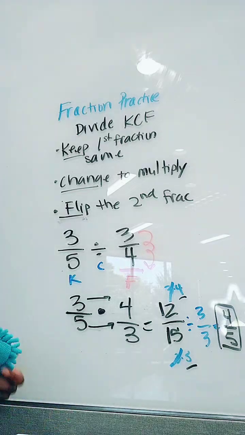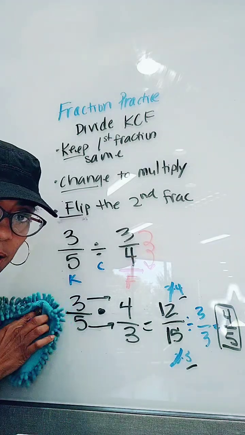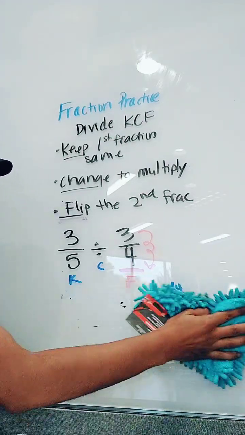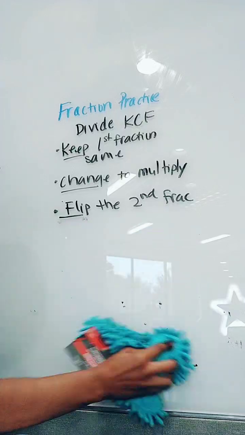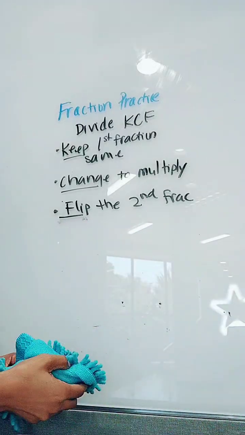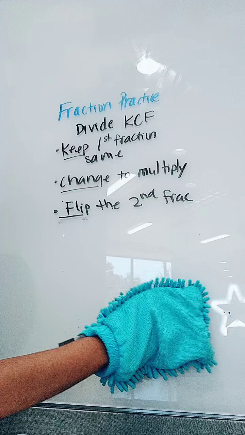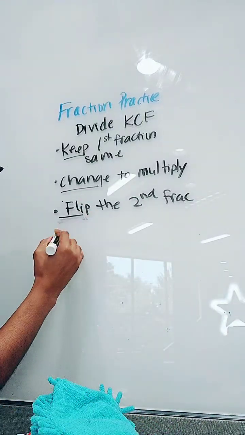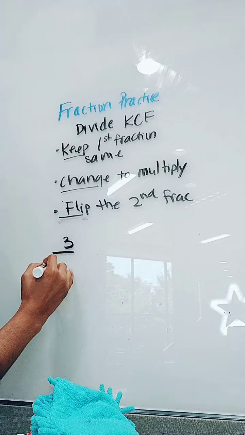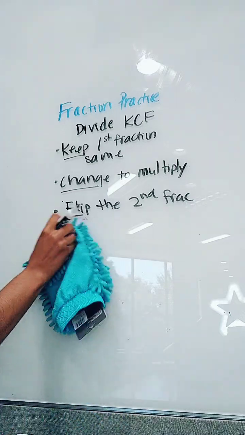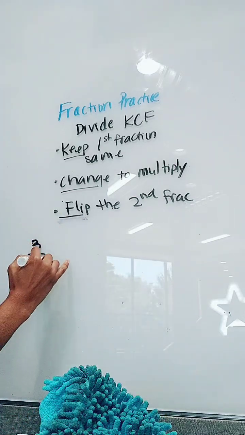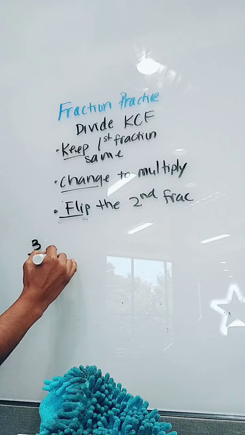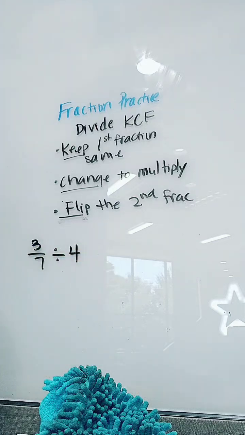Okay, very good. All right, so let's do another division problem. But what happens, let's say they give you one that has a whole number in it, right? So let's say you have 3 over 7 divided by 4.